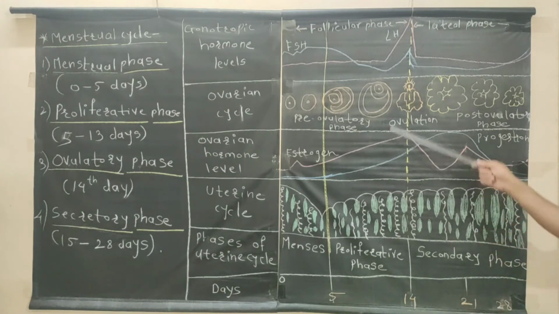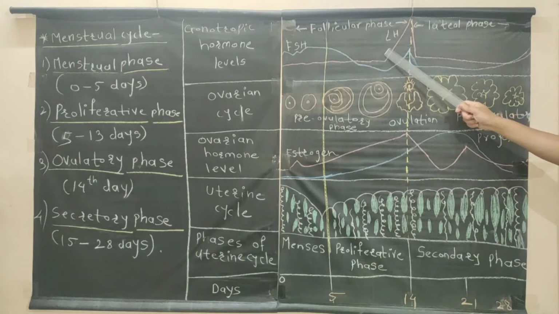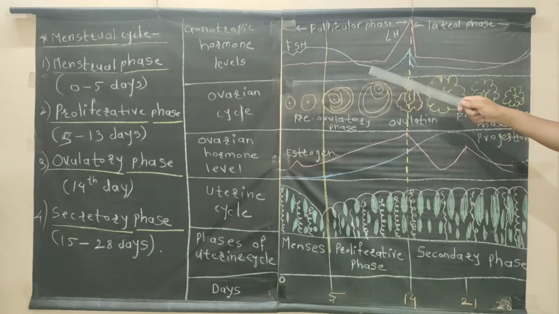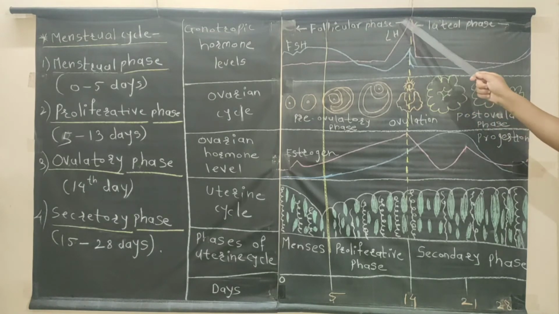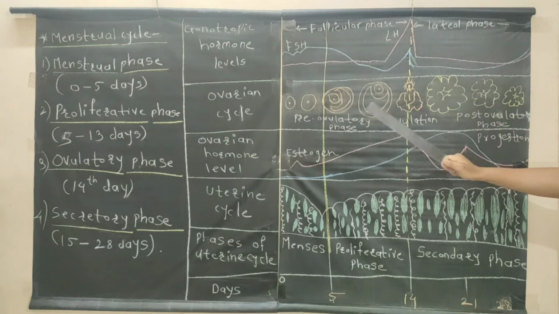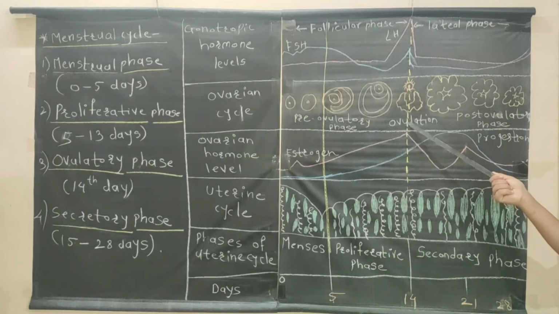So on this 14th day, hormone levels of FSH and LH are at a high peak. In the ovarian cycle, on the 14th day ovulation occurs.